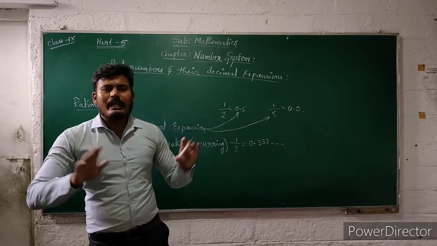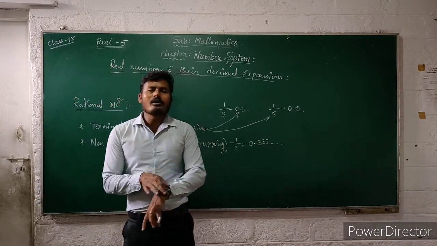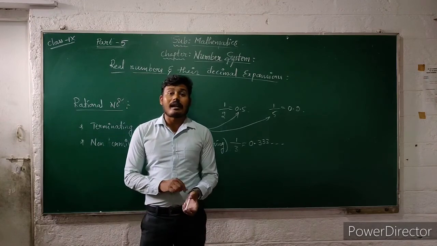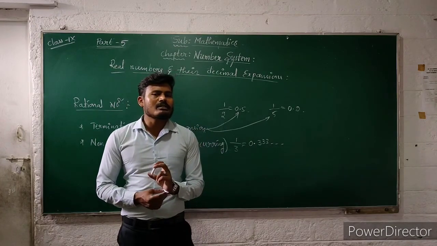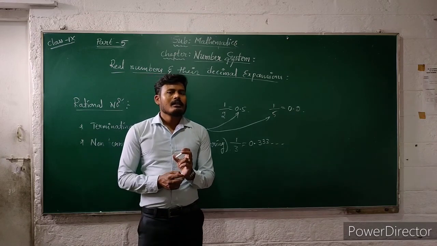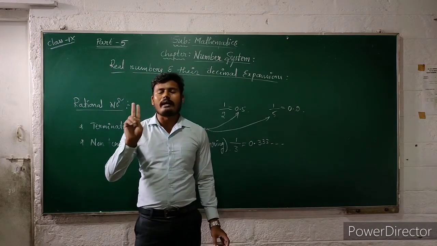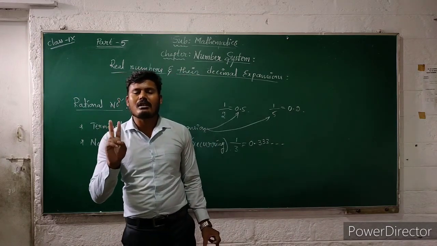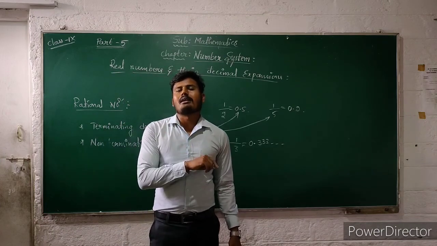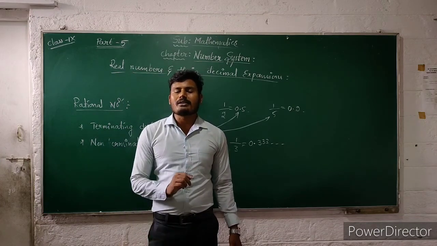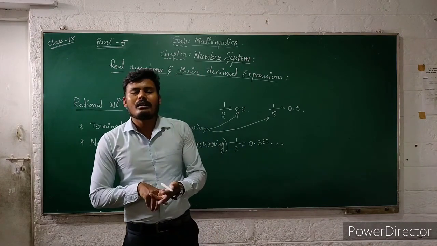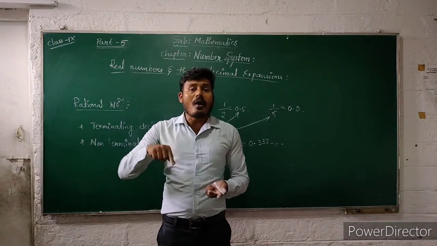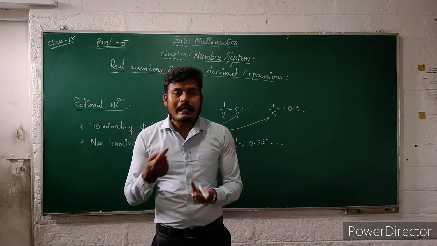So finally, you know about the decimal expansion of rational numbers. What kind of decimal expansions are there in rational numbers? There are only two kinds of decimal expansions in a rational number. Those decimal expansions may be either terminating or non-terminating repeating.